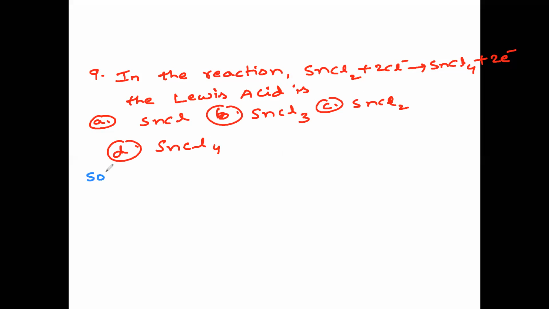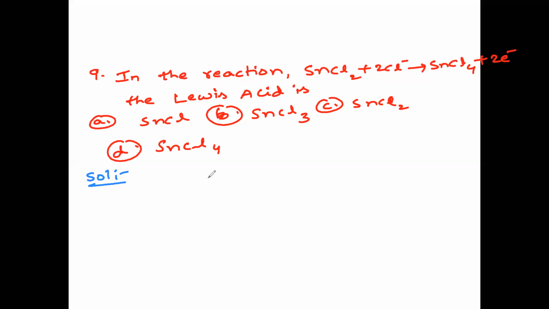So solution, you can see here, what are Lewis acids? Lewis acids are those which can accept a lone pair of electrons. So in this case, which is accepting a lone pair of electrons, because chlorine is having minus electrons. So it is readily accepting a lone pair of electrons, then only it can form SnCl4.